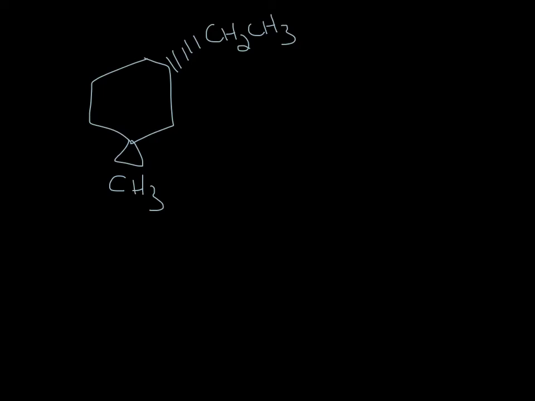So those are on opposite sides of one another. So the wedge, remember, means it's coming out at you, and the dash, remember, means that it's going back. So in this case, because of the wedge and the dash, I know they're opposite of one another, so this tells me that they are trans to one another, and I need to indicate that in naming. That's going to go at the very beginning of the name.